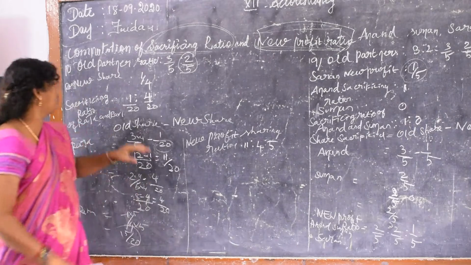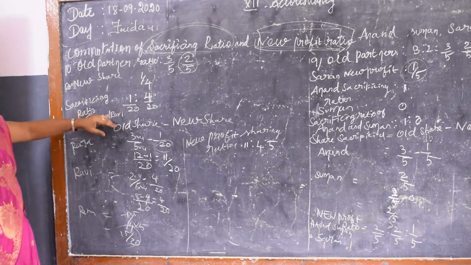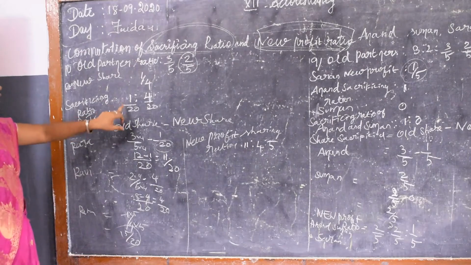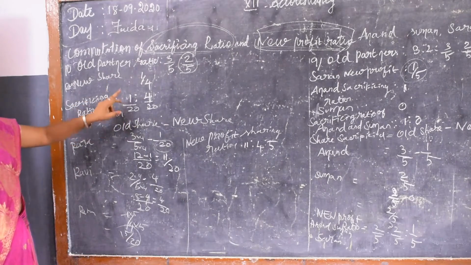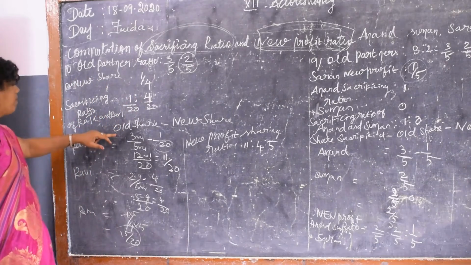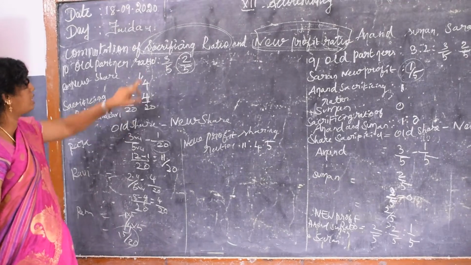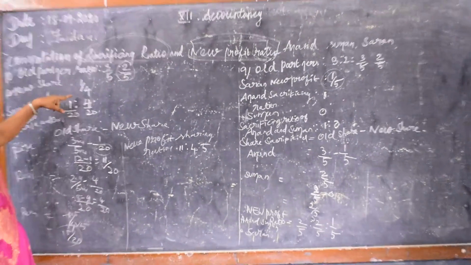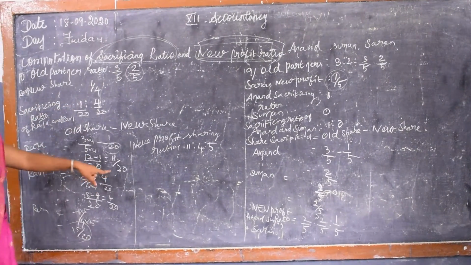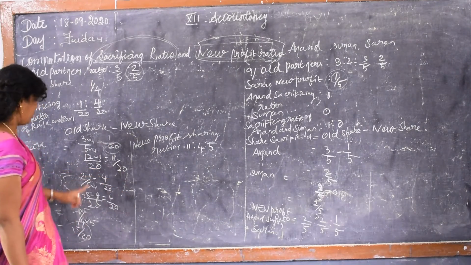The new share was already given to us. Where did this new share of 1 by 4 come from? The sacrifice was given by Raja and Ravi, that is 1 by 20 and 4 by 20. Then, moving on to the formula, old share minus new share. The old share is 3 by 5 and the new share is 1 by 20. Getting the denominator as 20, you get 11 by 20 and 4 by 20.